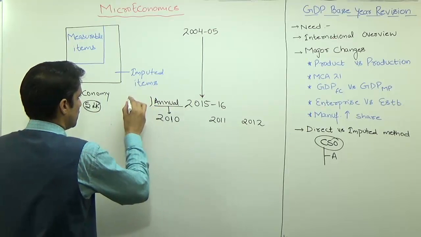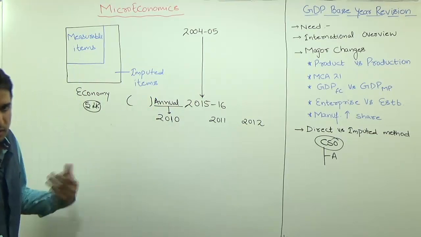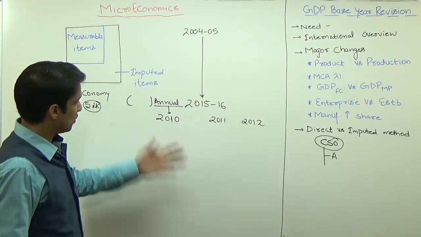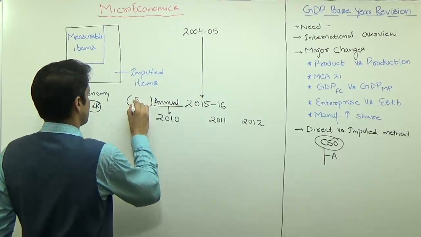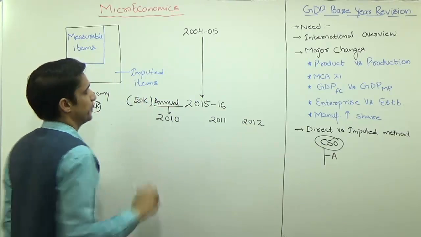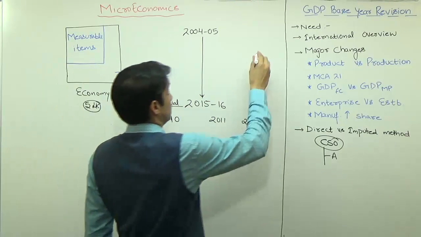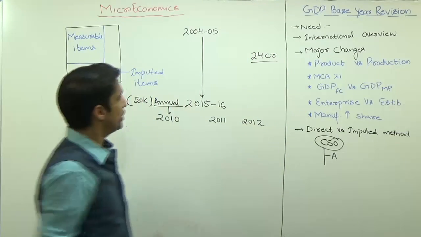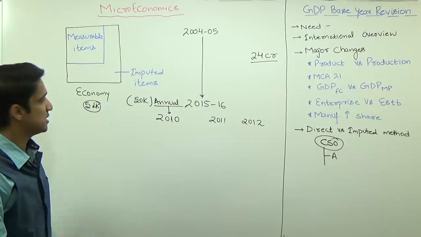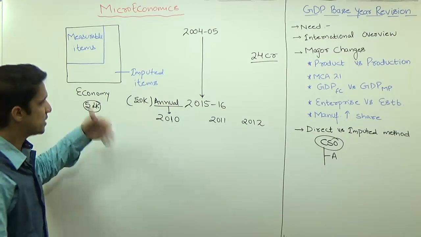But because you have to do this survey every year, the number of households that you count in the sample will be less, roughly 50,000. In India we have 24 crore households. Out of these 24 crore, the sample size is just 50,000 for the annual survey.